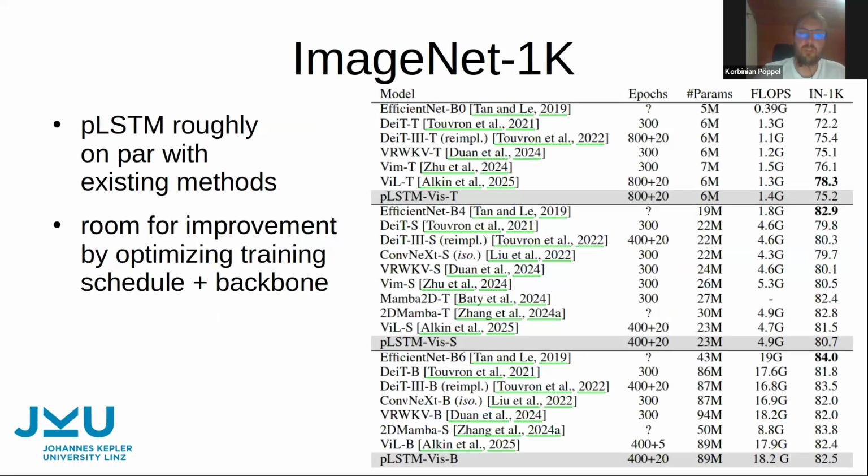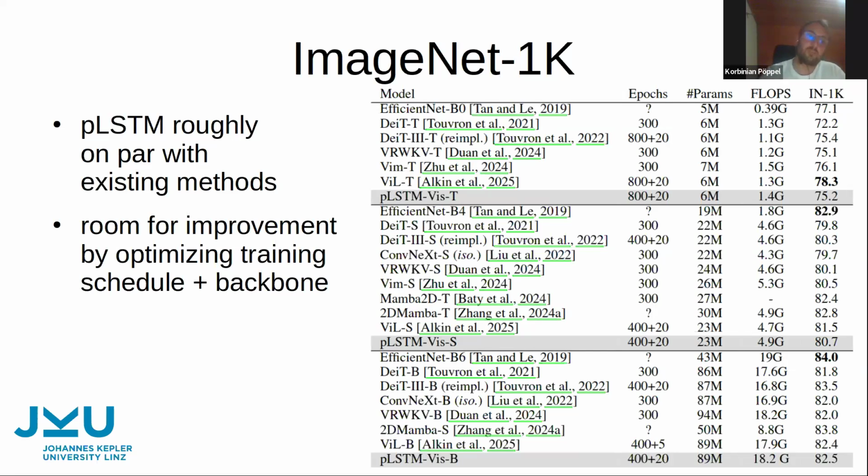We also show that our model can be scaled to many inputs of high dimension, like ImageNet as a very important computer vision benchmark, and we can show that pLSTM performs roughly as well as well-tuned transformers or also competitive architectures like Vision LSTM.